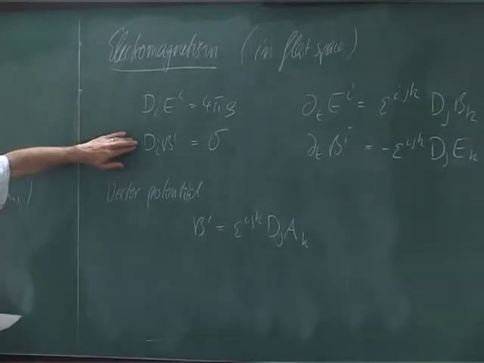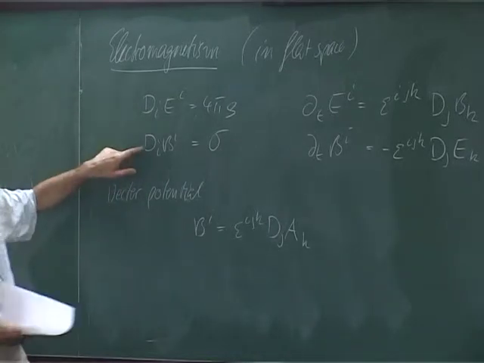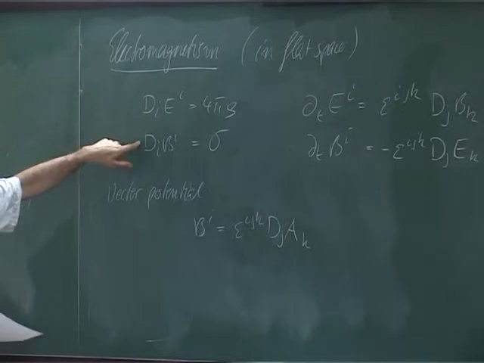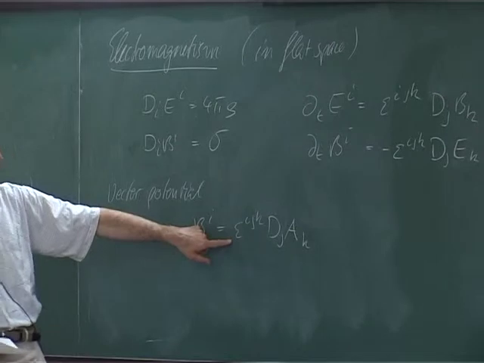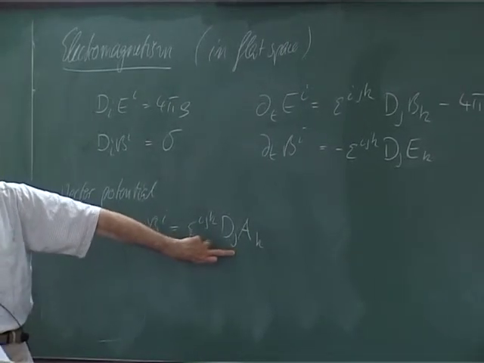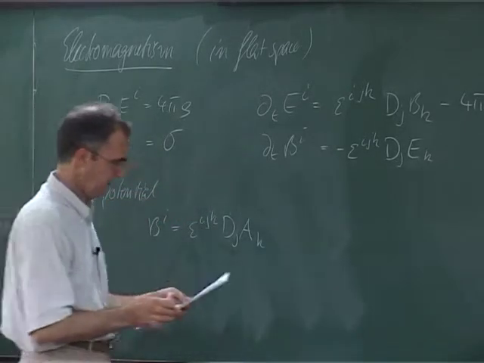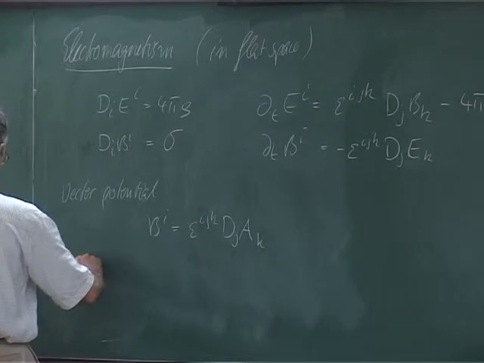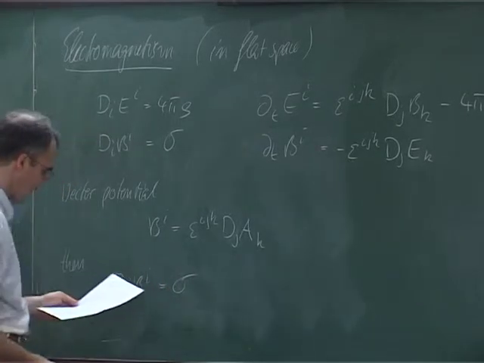What happens to the constraint, d_i B_i equals 0, then? That's automatically satisfied. If we take the derivative d_i here, we have d_i d_j that is symmetric in flat space, but epsilon_ijk is antisymmetric, so that is 0. So we have d_i B_i equals 0 automatically.